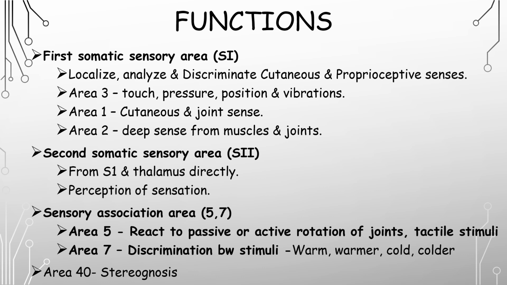Then area 40 is concerned with stereognosis. We have discussed that stereognosis is the ability to recognize a familiar object in the hand without looking at it, right? There are some other areas beyond those mentioned.